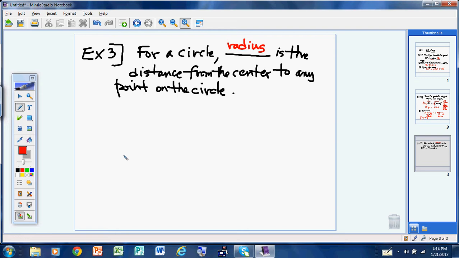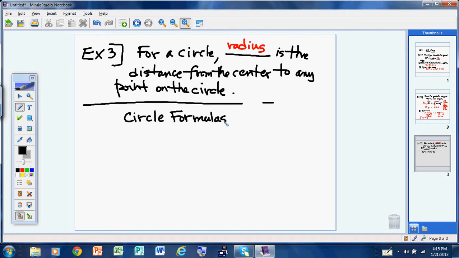Now before we go much further, we're also going to need some formulas. Let's look at some formulas. Here are some circle formulas that you will need. One is referred to as the standard form.